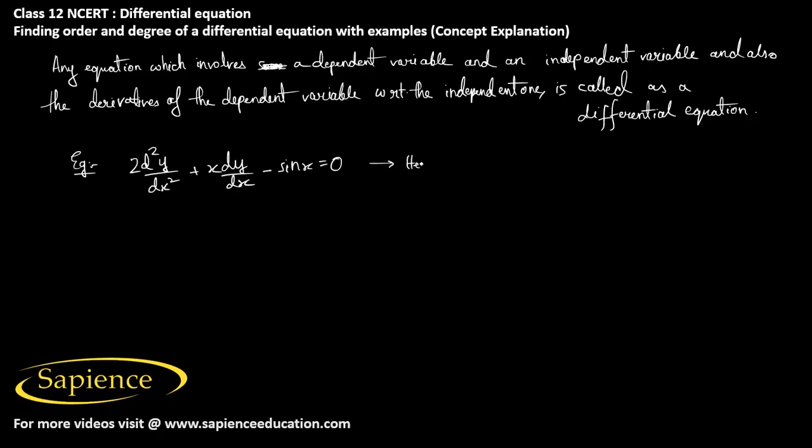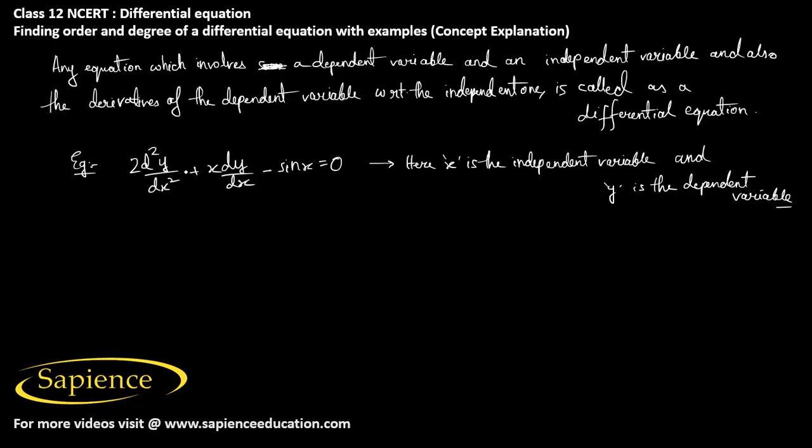We can see that x is the independent variable and y is the dependent variable. This equation involves the second order derivative of y with respect to x, and it also contains the first order derivative of y with respect to x. So this is an example of a differential equation.